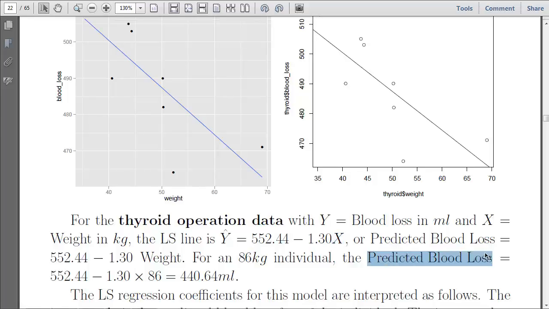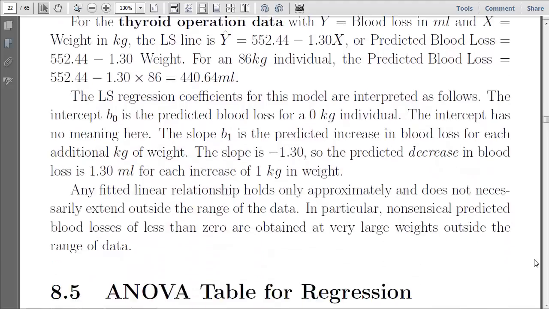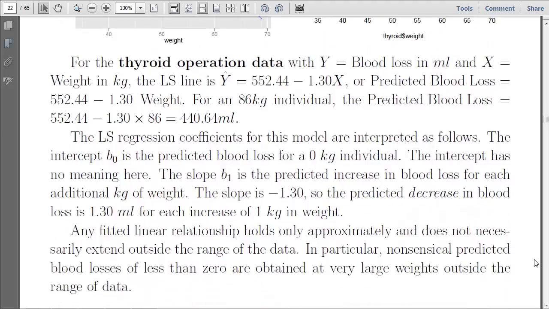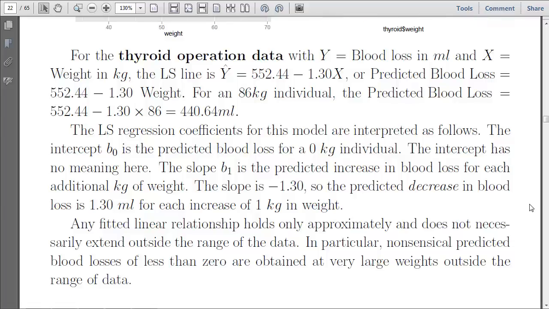So we've got the predicted blood loss equals 552 minus 1.3 times 86. Calculate that out, you get 440. So we've now made a prediction using our inferred regression line. The rest of this goes through the interpretation of the slope, which is really critical to know. And I've already discussed that briefly.